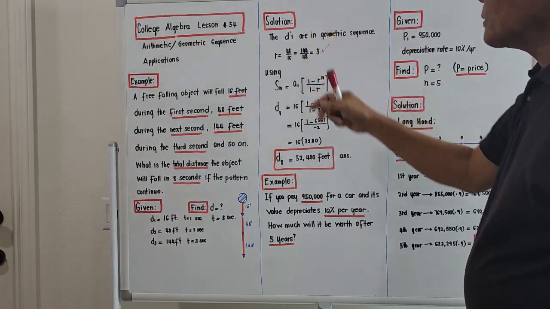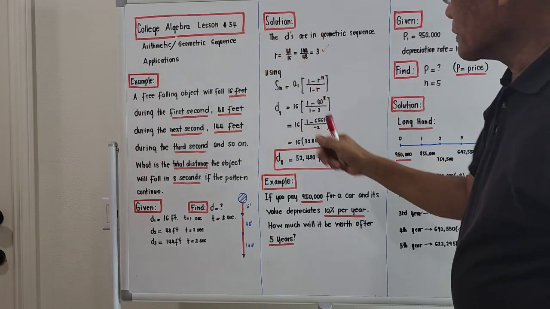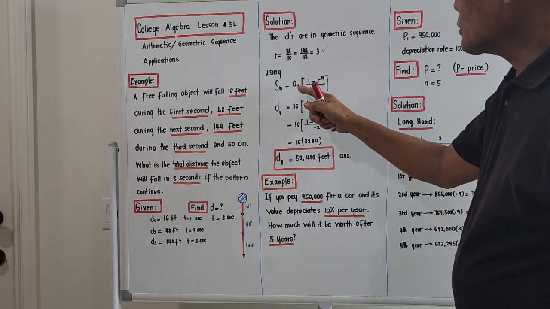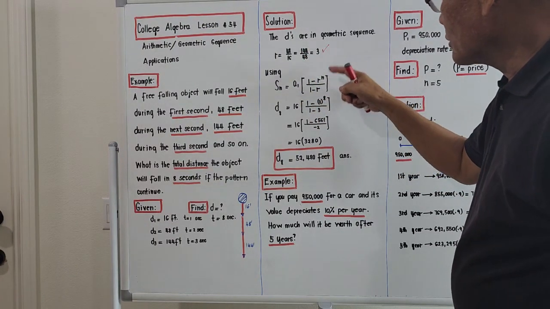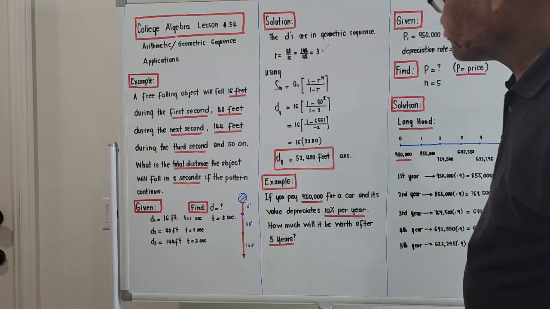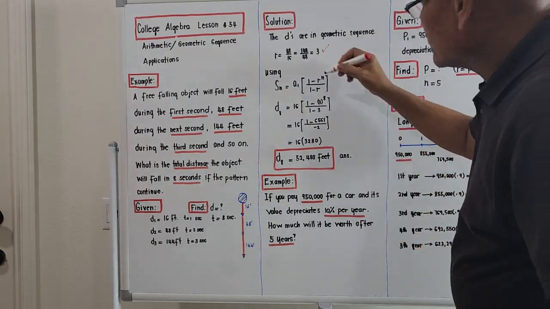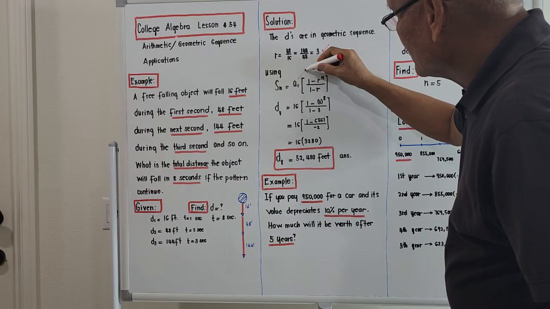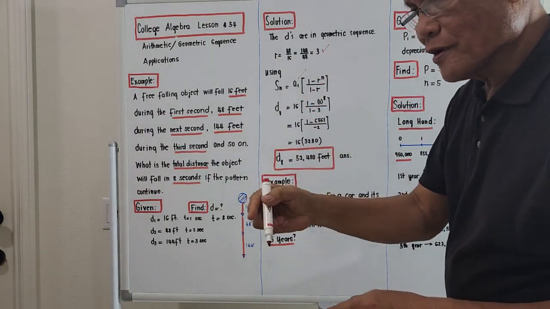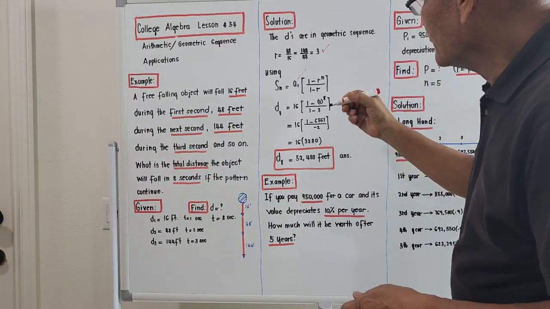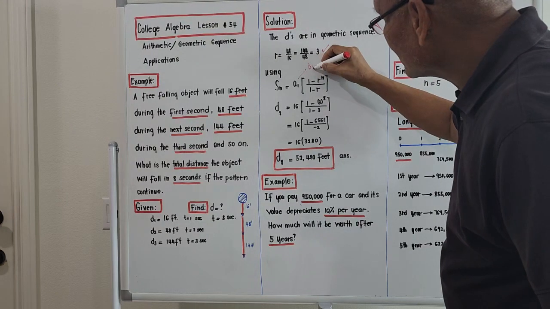So using the equation, capital letter S with the subscript n under geometric progression, it should be a1 times the quantity open bracket 1 minus r to the n over 1 minus r close bracket. For this given equation here, we will replace a1 because a1 is just a representation from our concepts, but it could take any value. So a1 is actually the distance here. It should be d1.